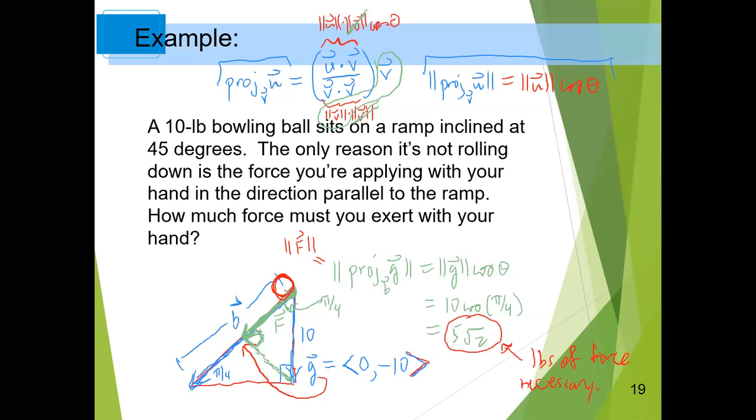Another way to write this would be the length of u times the length of v times cosine of the angle, over the length of v, which is u dotted with v. Really, I should take absolute values of this over the length of v, because the dot product could potentially be negative. But the length of the projection formula is also kind of a nice one to have in mind.